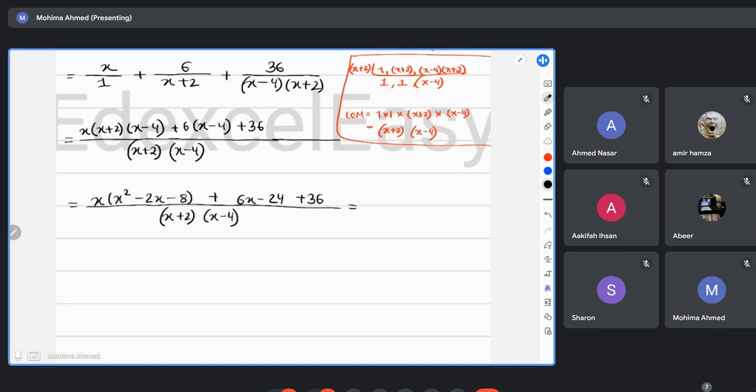After this, if you multiply that entire polynomial with x, this will give you x cubed minus 2x minus 8x plus 6x. I do not have enough space, 1 minute.